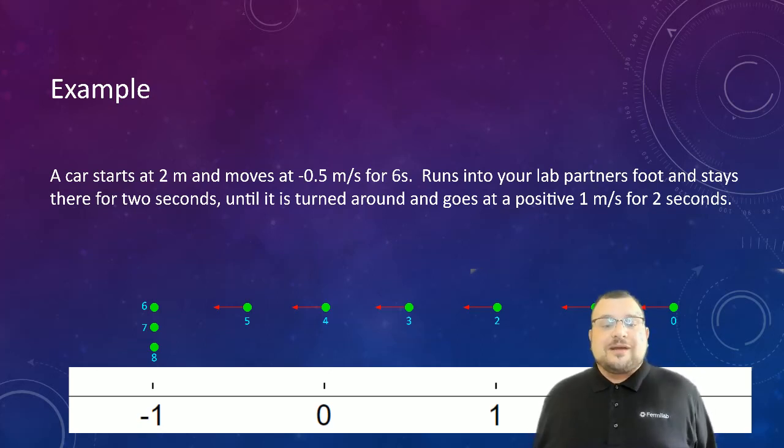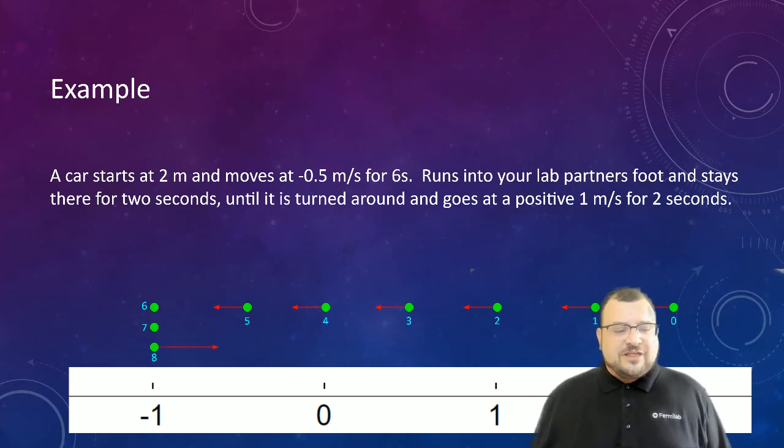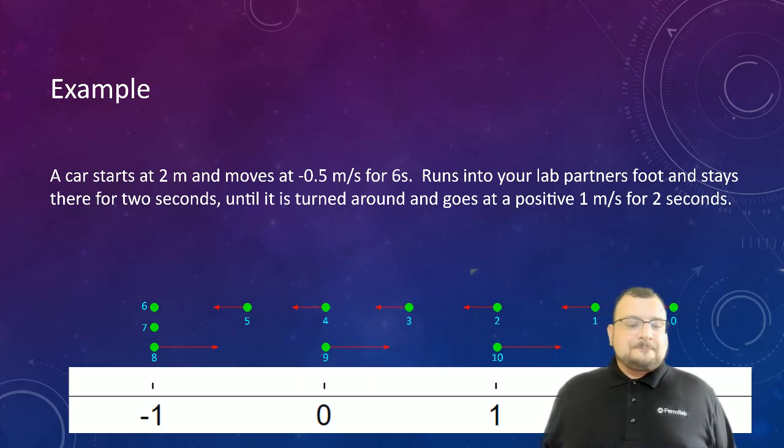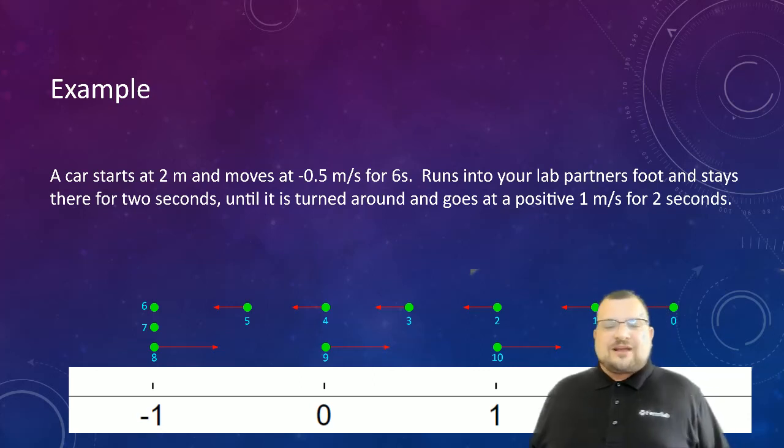And because we're going now twice as fast, I'm going to draw my arrow twice as big. And I can continue that for 9 seconds. And I can continue that at 10 seconds. Now, at this point, we're done. And we don't know whether that cart is going to continue moving or not, so we can either leave it with that arrow or we can get rid of it. It really doesn't matter at the end of the day.